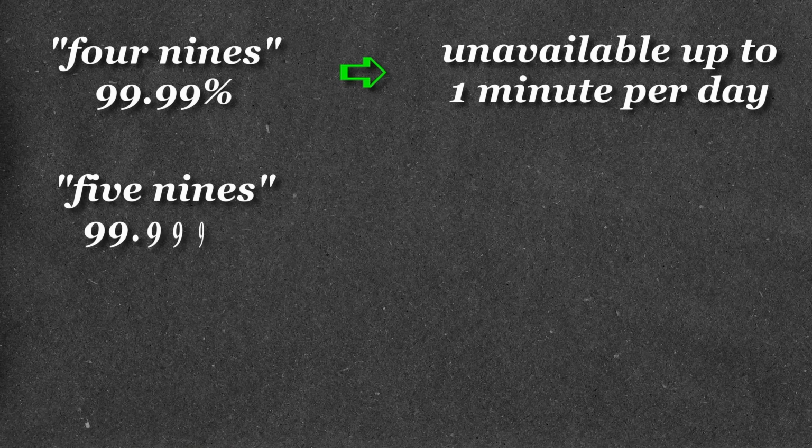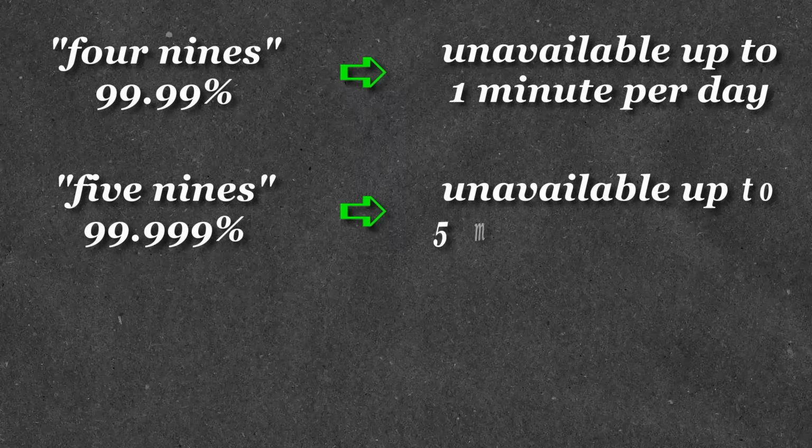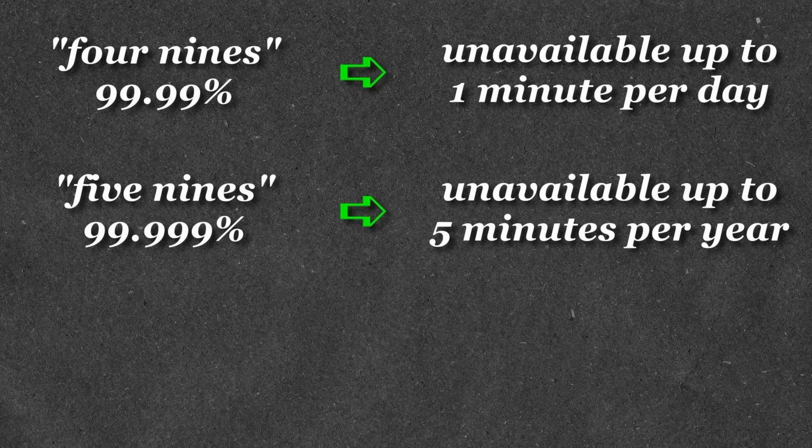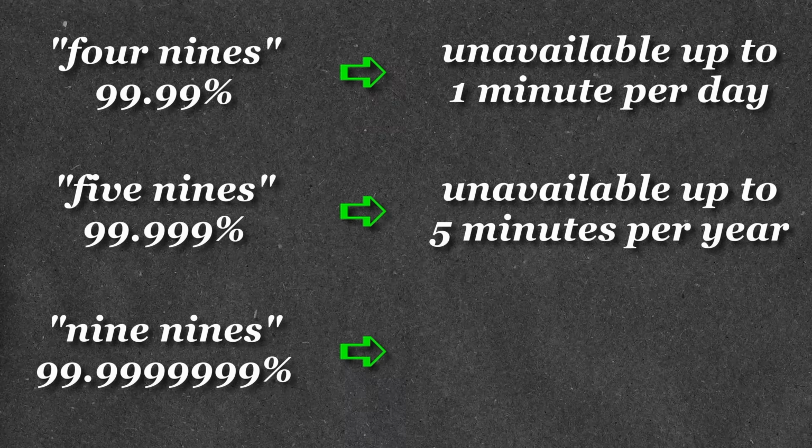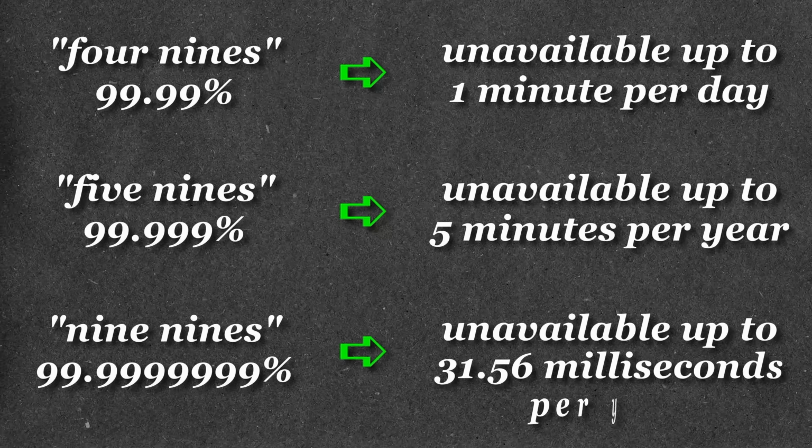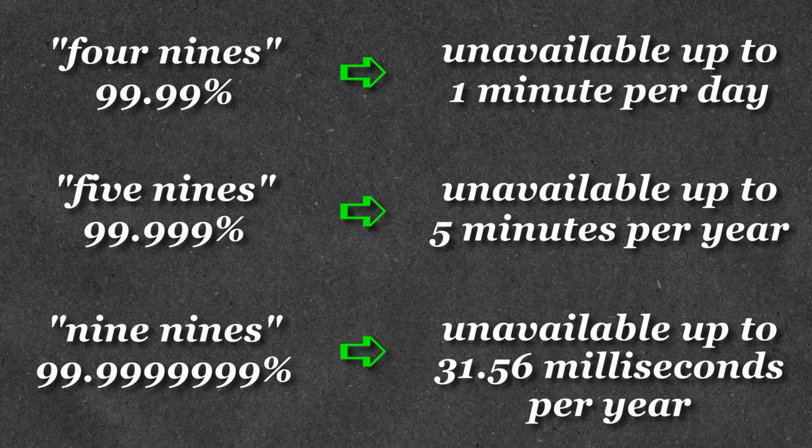A system with 5 nines, unavailable for up to 5 minutes per year. Systems with 9 nines can only be unavailable for up to 31.56 milliseconds per year. We're counting decimal places at this point, meaning that any failure in such a system must be detected and self-healed almost instantaneously. Such systems are very rare indeed, and typically limited to life-critical infrastructure.